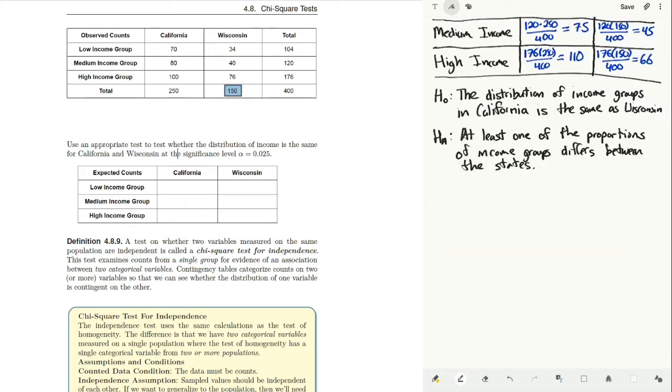So now let's check the assumptions and conditions. So we have the independence assumption.